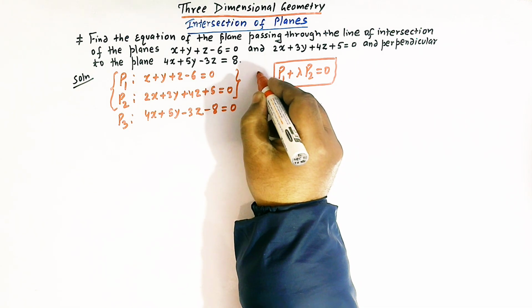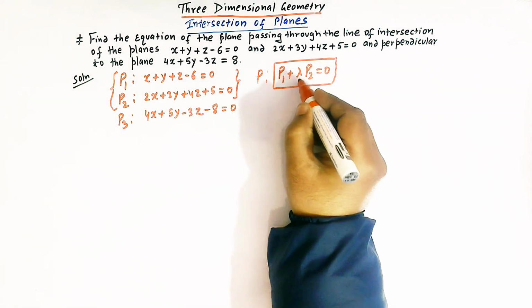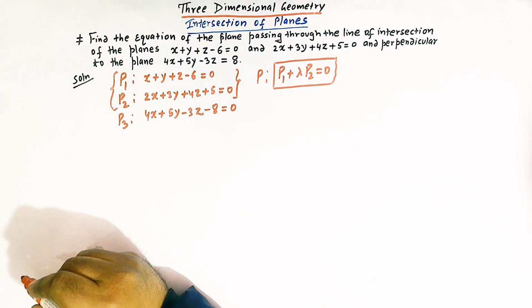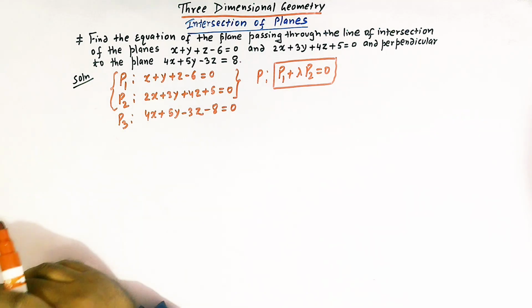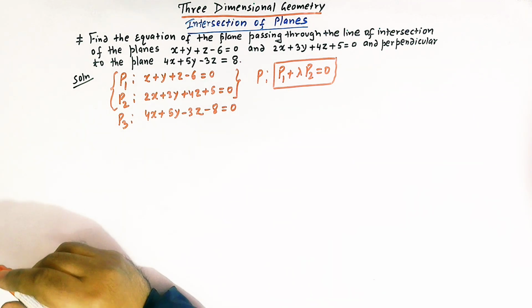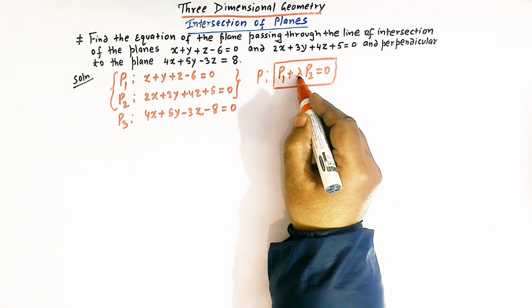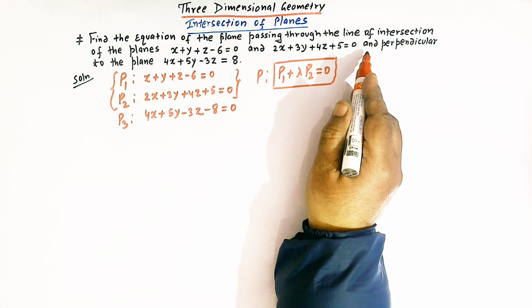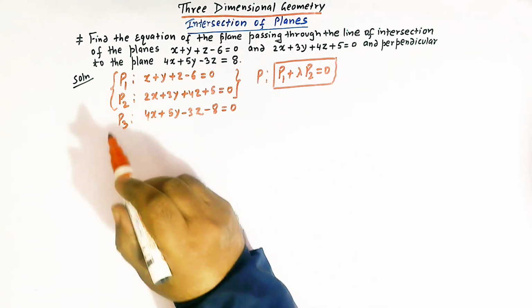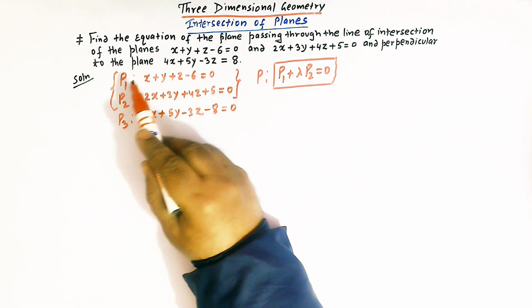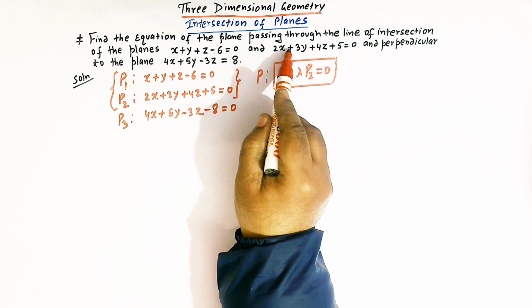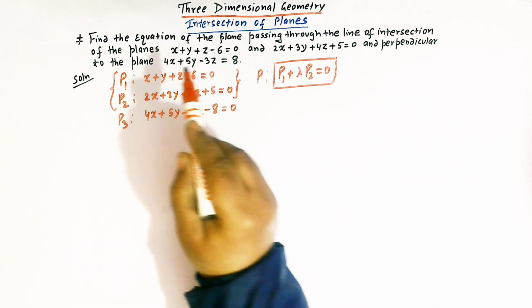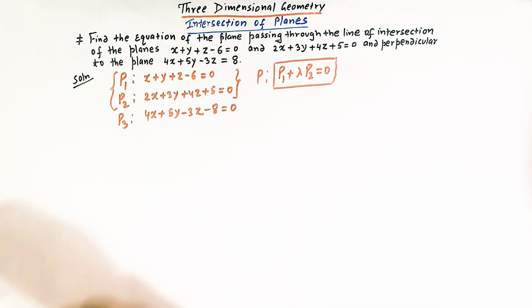Let us denote this plane by P. Here lambda is a scalar, a real number, and we first have to find its value using the given condition: the plane which passes through the intersection of P1 and P2 is perpendicular to the plane P3.